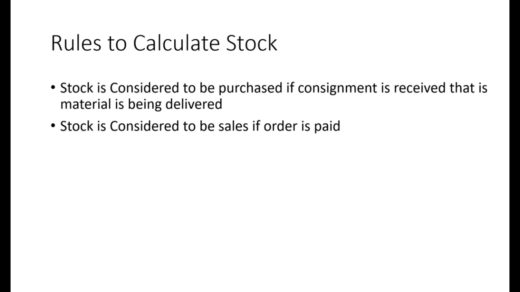I receive the consignment, and only then do I consider the stock purchased and calculate the stock on the basis of the consignment received. It may be possible that I give the supplier an order for this amount, but it is not received at my premises, so I cannot use it in the calculation of stock. So stock is calculated only when I receive the consignment.